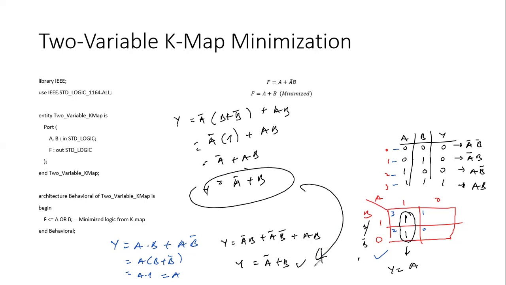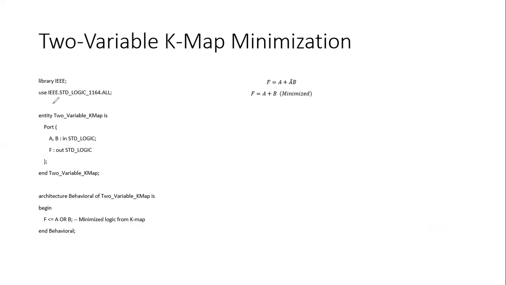So you should be able to play with some examples for the 3 variables and all. But this is what I wanted to pick from this. Now you observe that in this 2 variable K-map implementation using VHDL, we have declared the inputs A, B, and F as the outputs. Given this expression, A plus A bar B, the final answer when we minimize is AB.